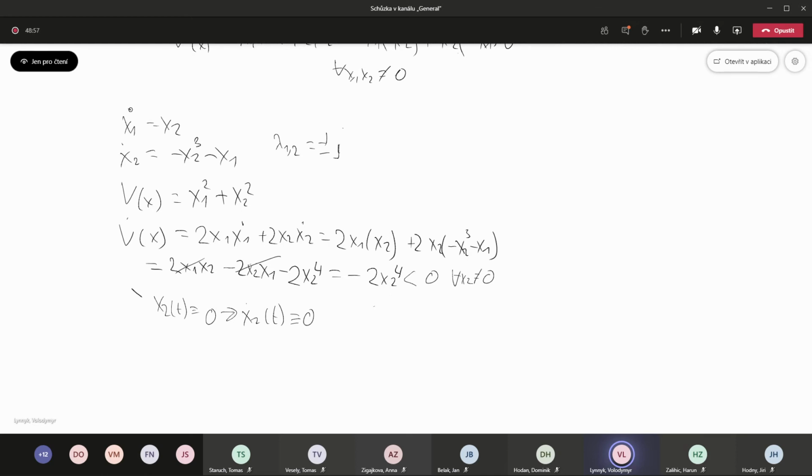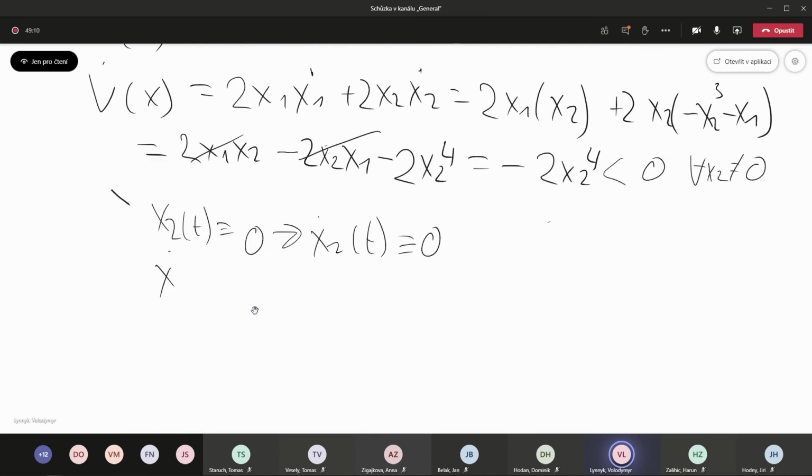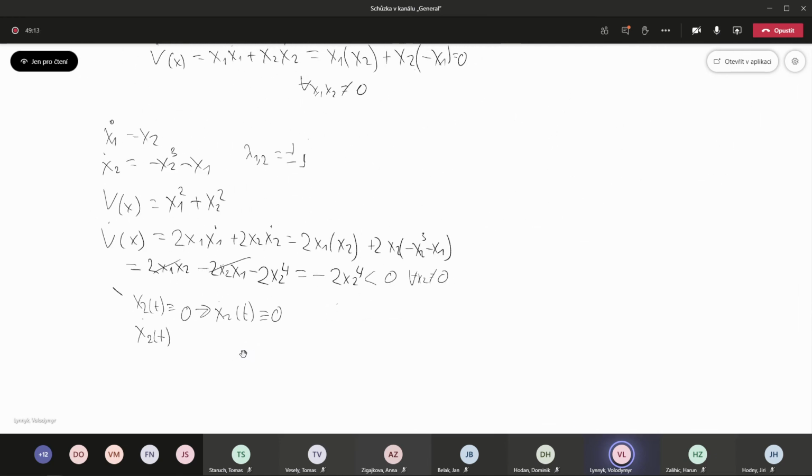We can say that x2 dot of t equal to minus x2 cubed of t minus x1 of t, and from this, x2 is 0, so x1 of t is equal to 0 too.